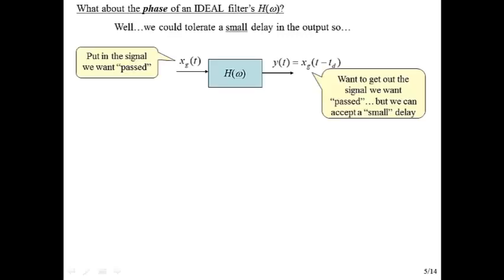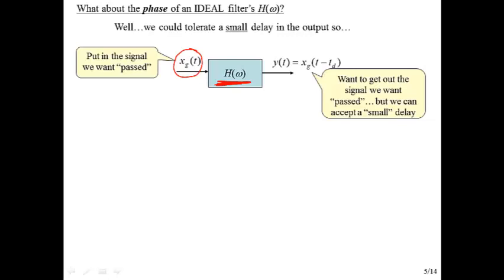So the signal comes out, we want it to look exactly like the original, but we could allow it to have just a small amount of delay, a few milliseconds, maybe even half a second or something like that, depending upon the application. So a small amount of delay would be allowed in most applications. So let's say that X sub G is the good signal. It's completely passed by our system because it lies in our pass band completely.